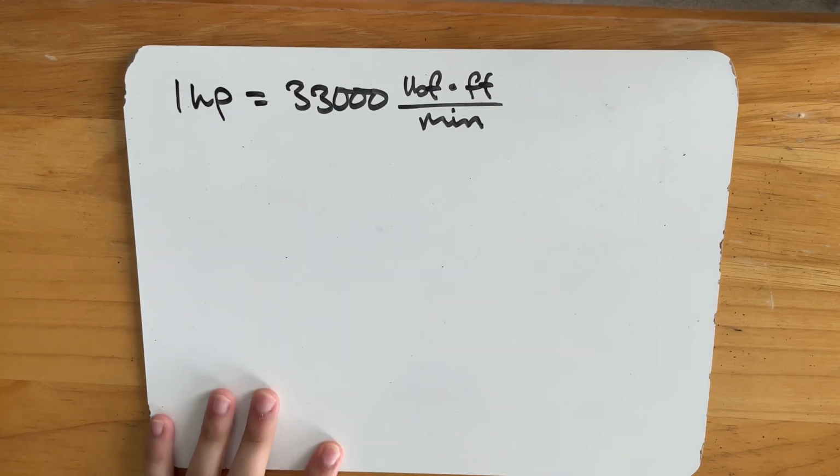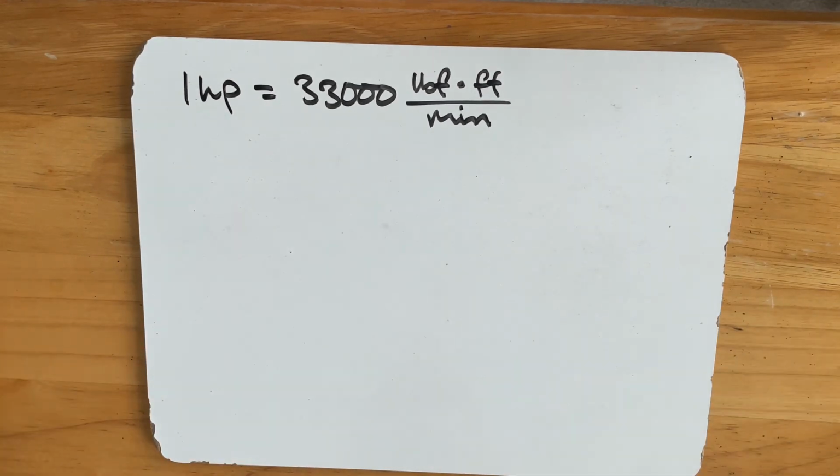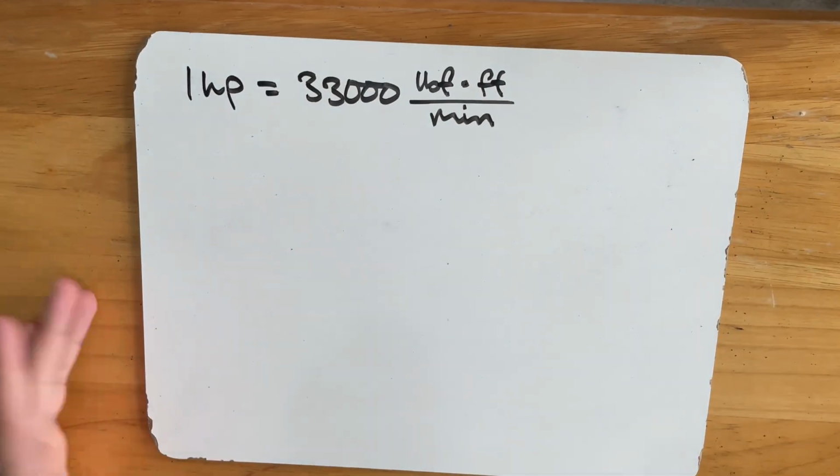So I guess first things first, we'll probably start with the definition of 1 horsepower, right? So 1 horsepower is equal to 33,000 pound force times feet, or pound force feet per minute. So basically, I want to create an equation for this, maybe relate power to force and displacement in feet and time in minutes.